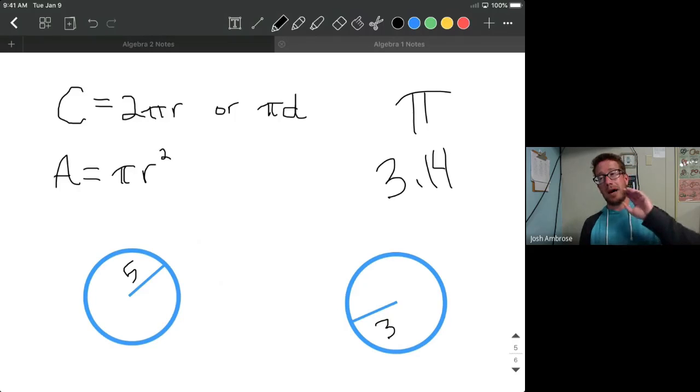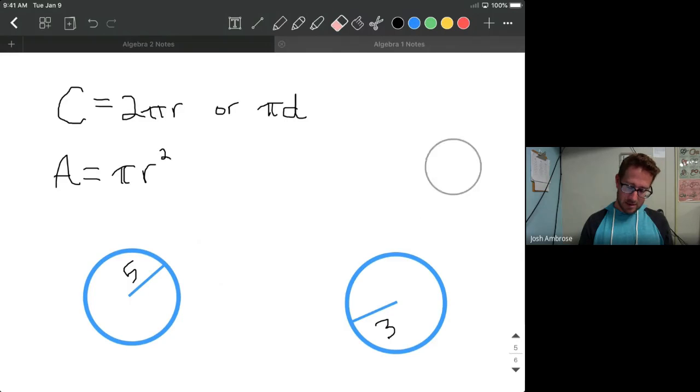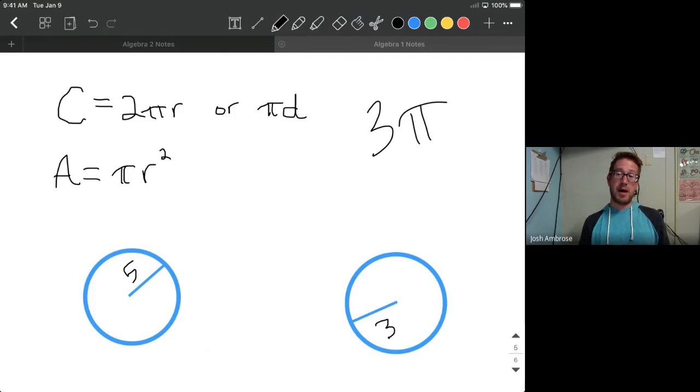3.14, but I'm going to let you guys keep your answers in terms of pi. So what that means is, let's say you were to get to the point where you had 3 and then multiplied by pi. And so you'd think, okay, I have to do 3 and then multiply it by 3.14.